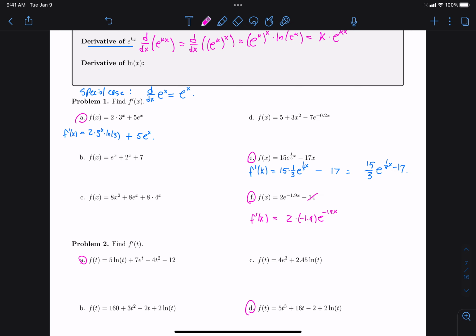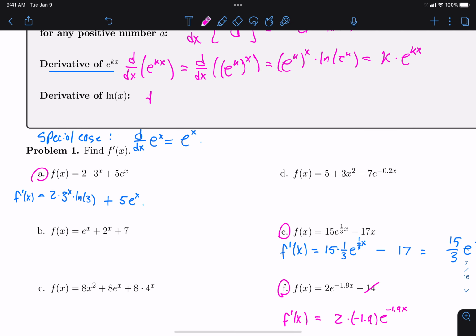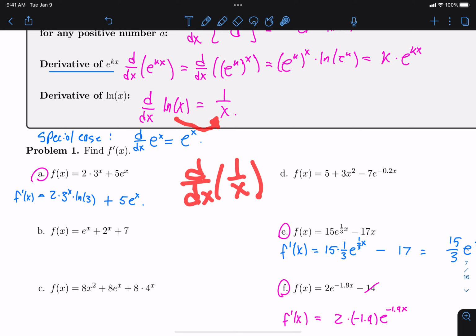Okay, then let's see one more, which is the derivative of ln of x. The derivative of ln of x is equal to 1 over x. And I just want to be emphatically clear that this only works in the one direction. So if you see the derivative of 1 over x, this is not going to be natural log.